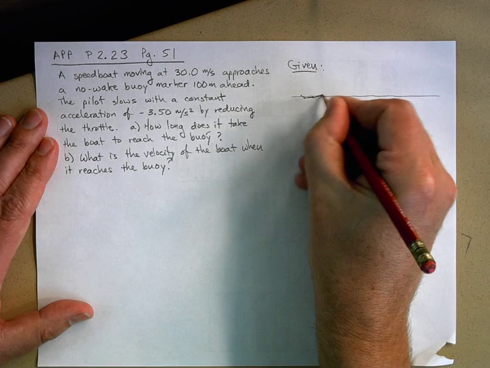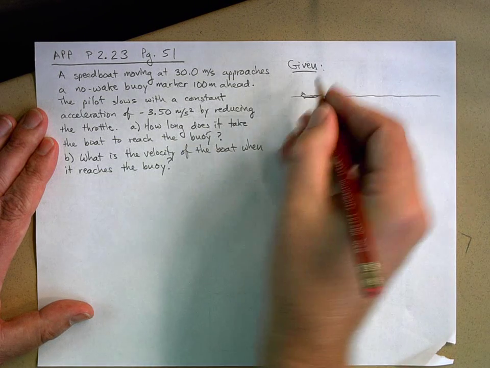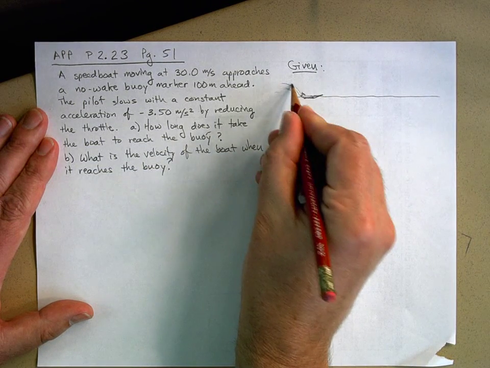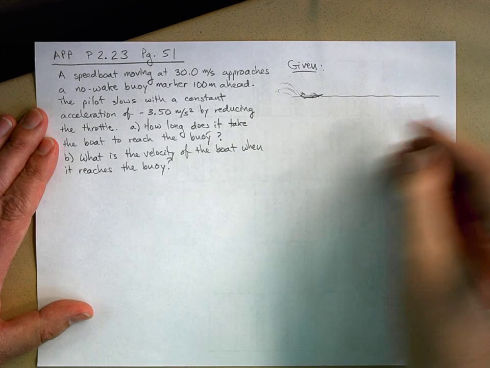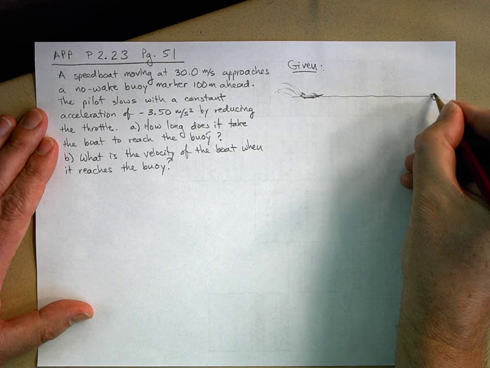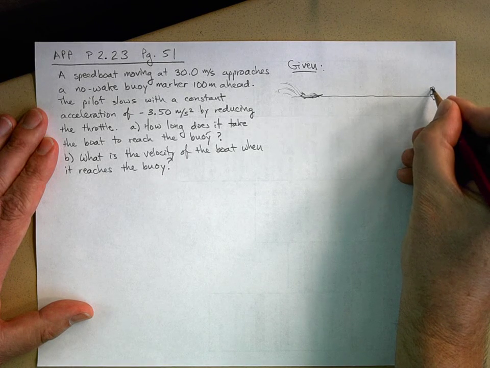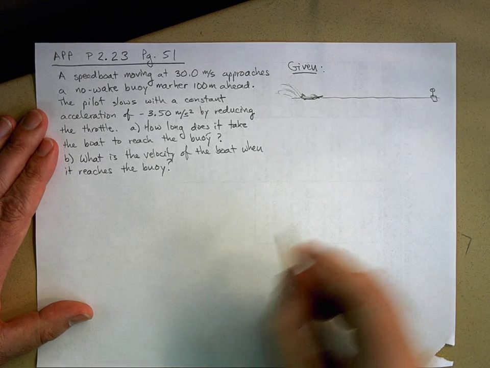Speedboat. I don't know what a speedboat looks like. It's probably pretty cool though. And speedboats always have water shooting out from behind them. Okay. And then here's the no-wake buoy. And it has an eye. I guess it's always awake.